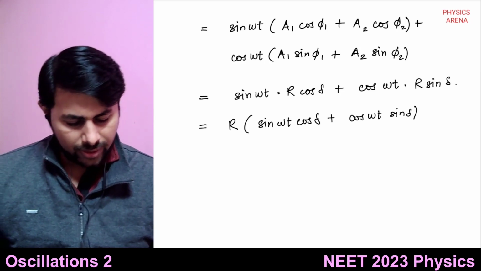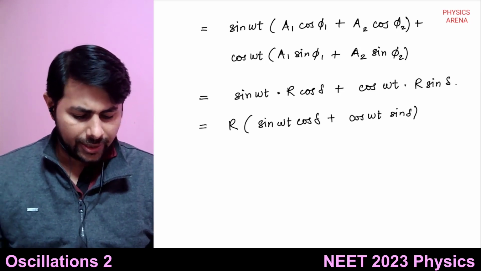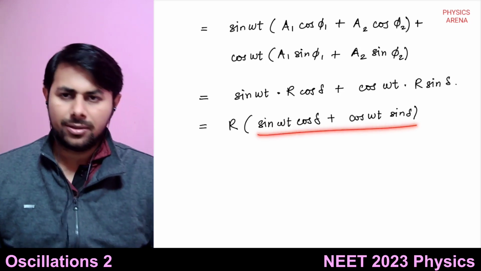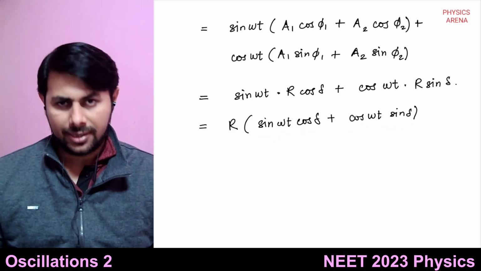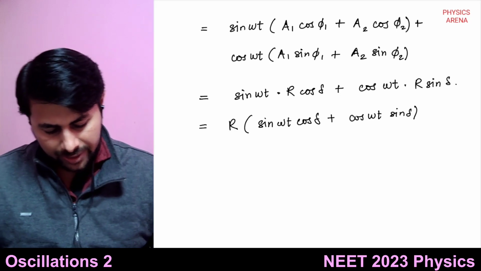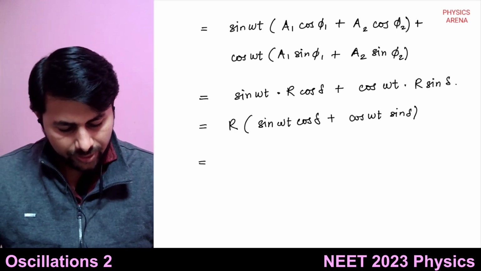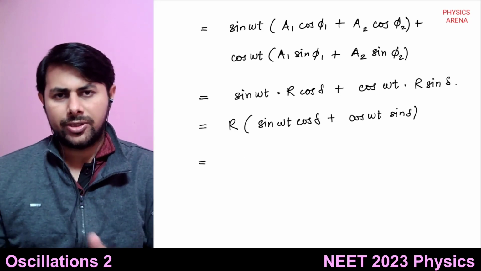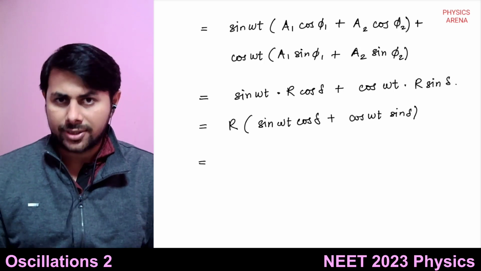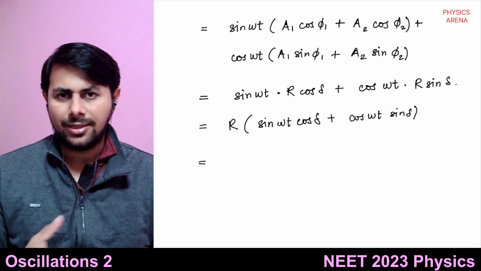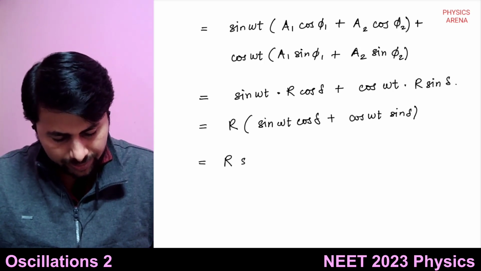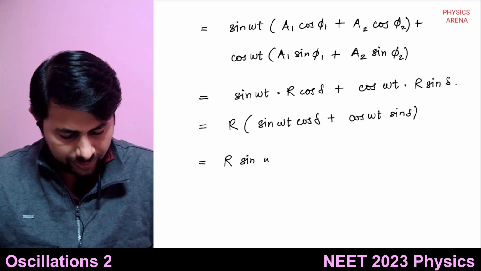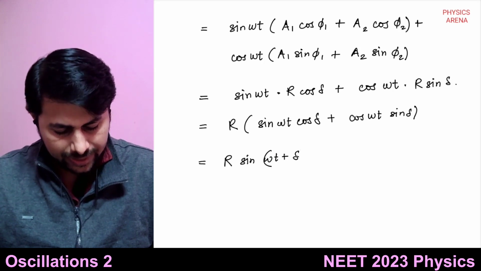This can be written as sine of omega t plus delta. So it is r multiplied by sine of omega t plus delta.